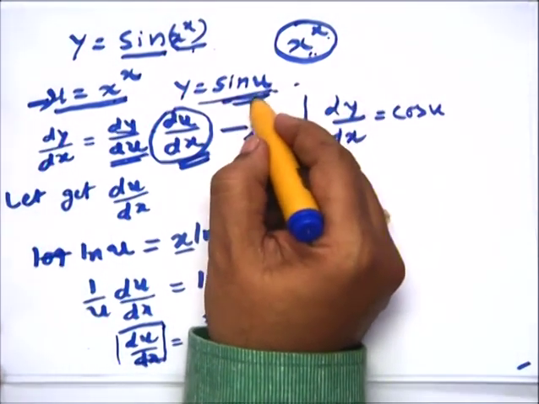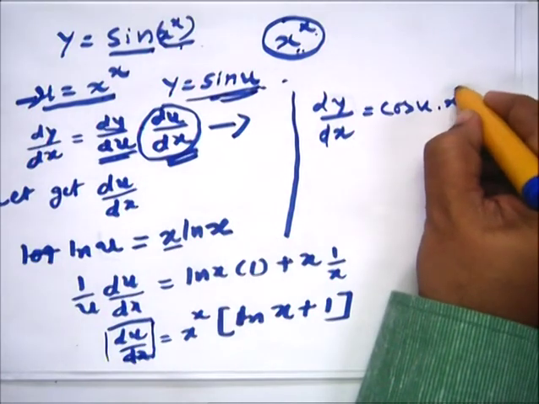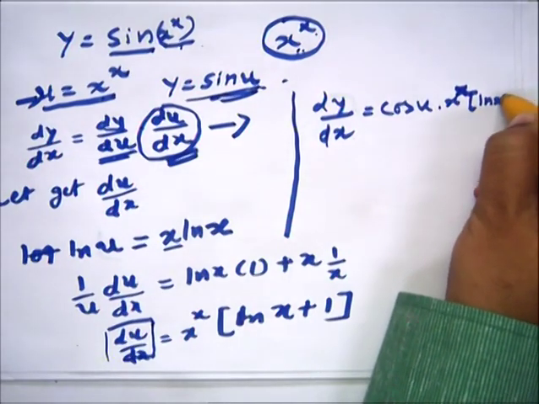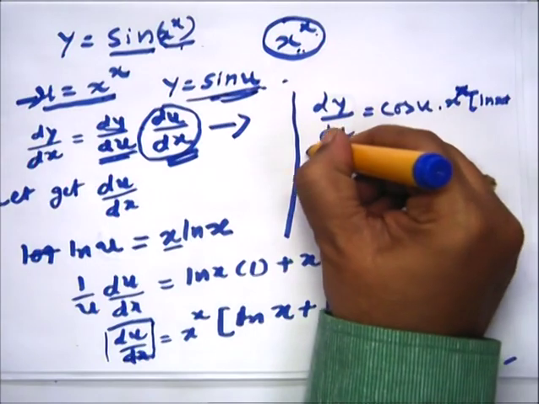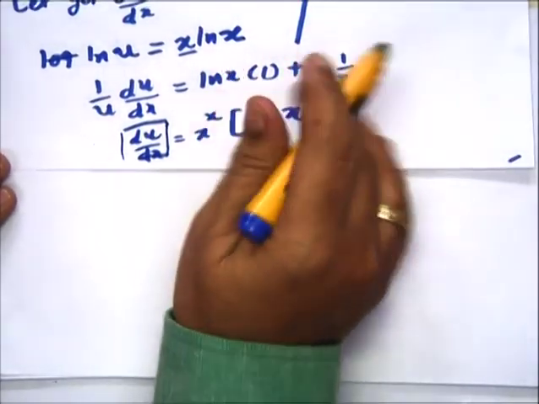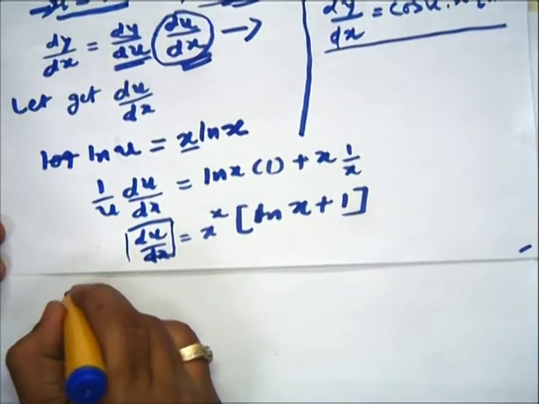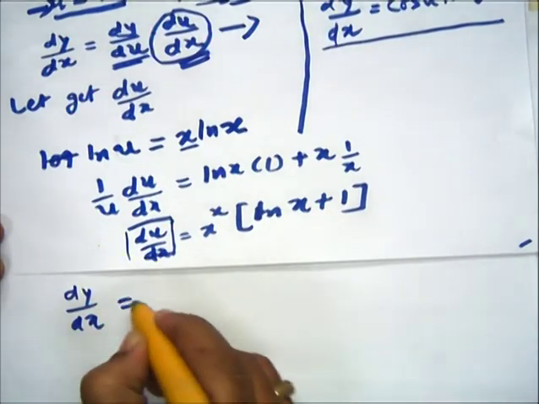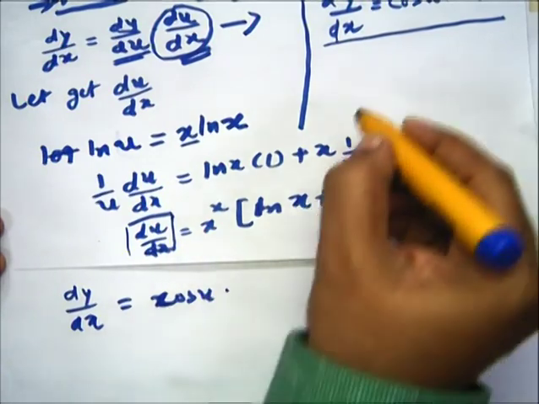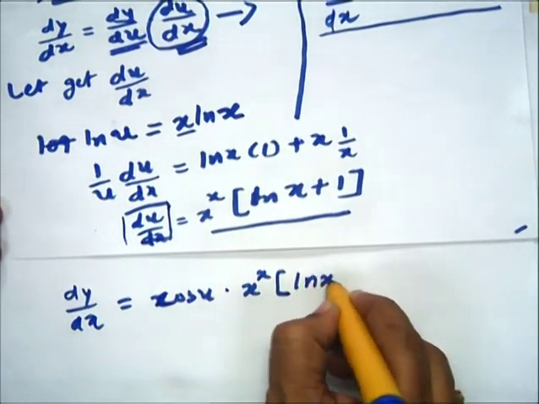So the derivative of sin u with respect to u is cos u, into du by dx, which is x raised to x into log x plus 1.